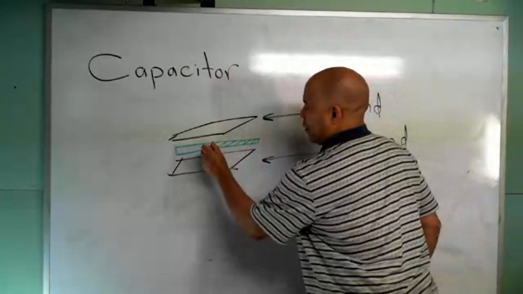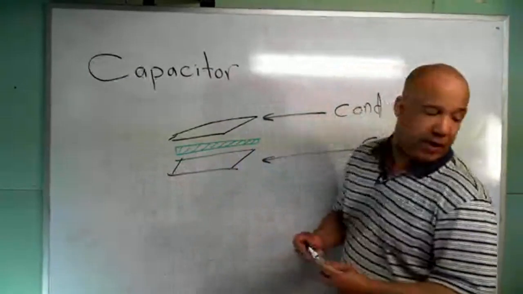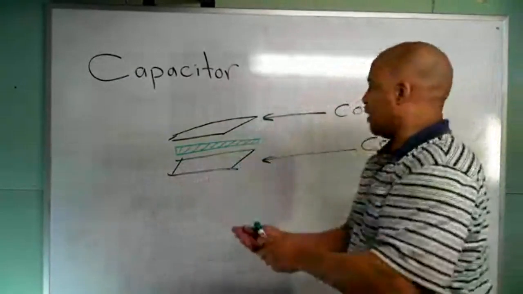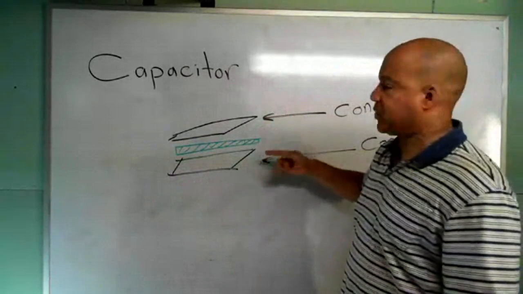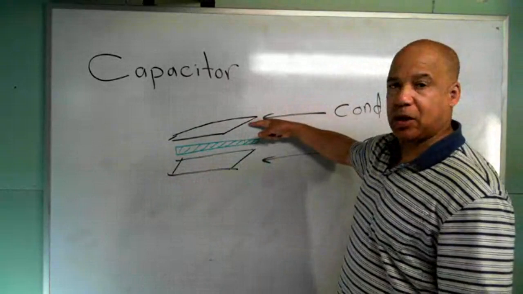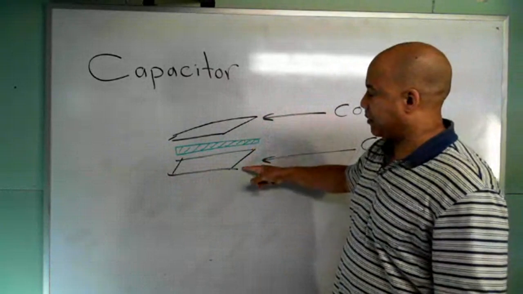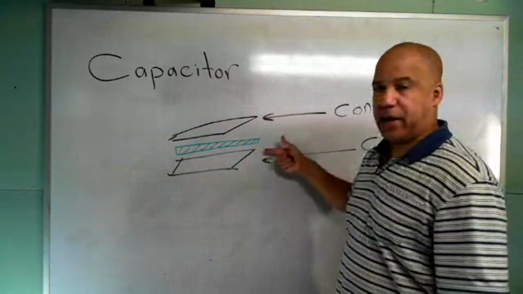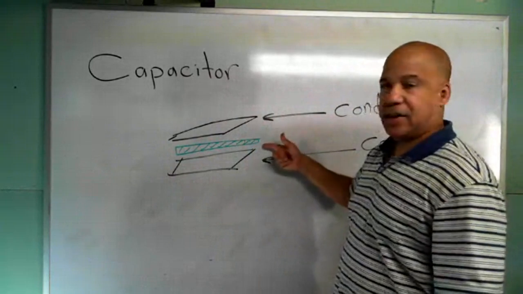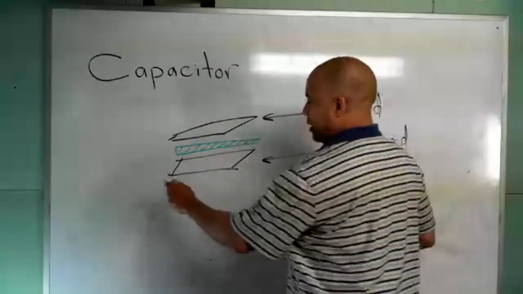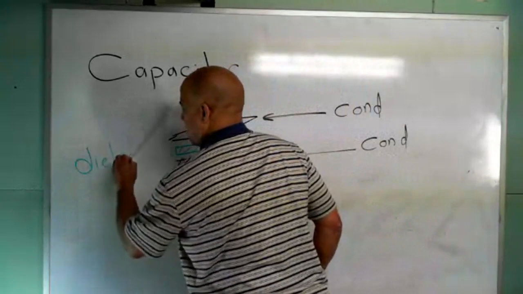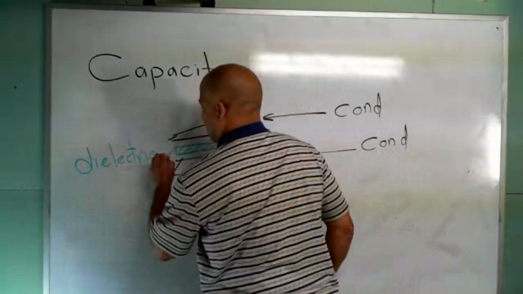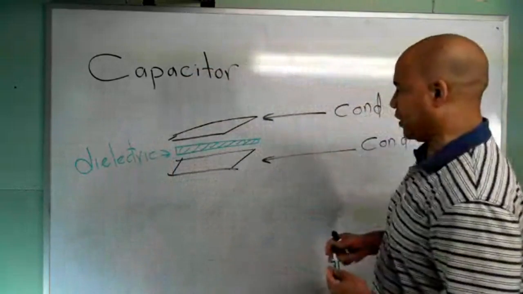Usually I'll sandwich them together. I heard somebody call it an insulator sandwich. It's like the first conductor, a metal plate, and a second conductor, a metal plate, and the meat between them would be the insulator. By the way, this insulator is called a dielectric. That's the dielectric. It just means insulator.